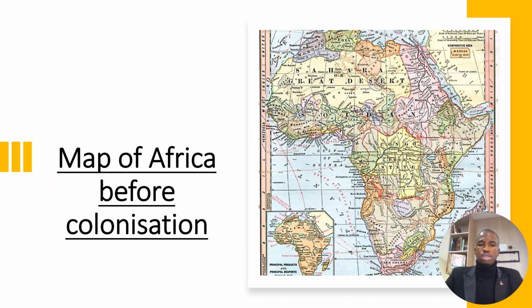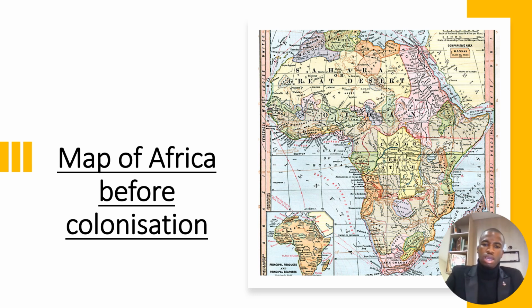Now, briefly, this is the map of Africa before it was colonized. One thing that you should take note of is that Africa was borderless. There was no particular country in which Africans could not go to because the borders were not as yet set.